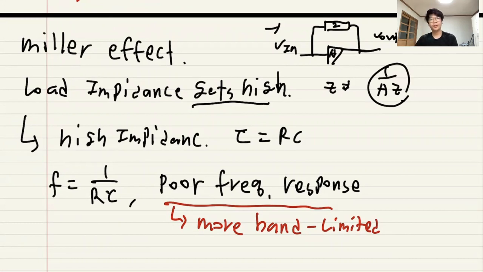The higher impedance is related to the response time, tau, in an RC circuit. As impedance gets higher, the frequencies get lower, which means there is a poor frequency response, and that means the gain between input and output is band limited.